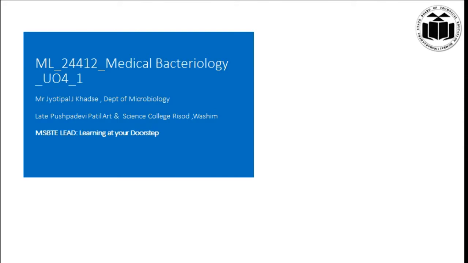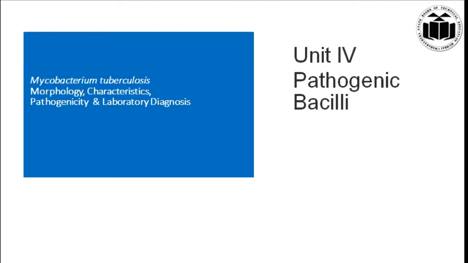In today's lecture we are going to discuss the bacteria which is a pathogenic bacillus, and it is different from the gram positive and gram negative bacteria, by means it is an acid fast bacteria.